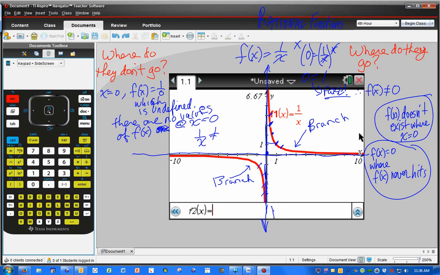So when x equals 0, f of x is undefined, and that's going to take care of the y-axis.